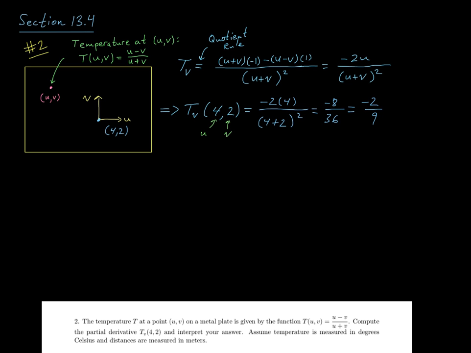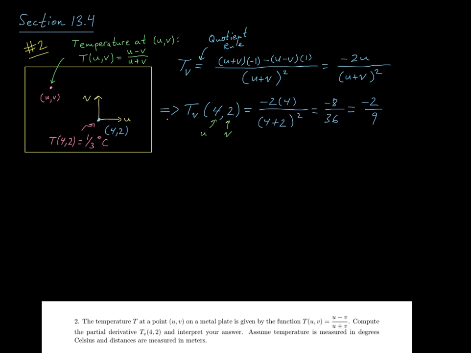One thing to note is that the temperature at the point (4, 2), T(4, 2), I'll just plug into my temperature equation. I'll do 4 minus 2 for the numerator, which gives 2, and 4 plus 2 in the denominator, which is 6. 2/6 is 1/3, and this would be degrees Celsius.